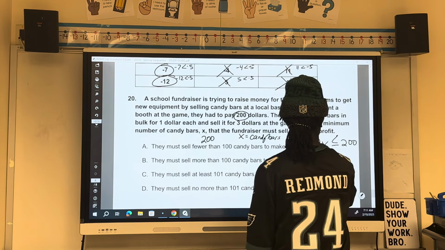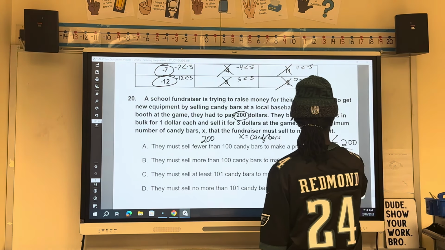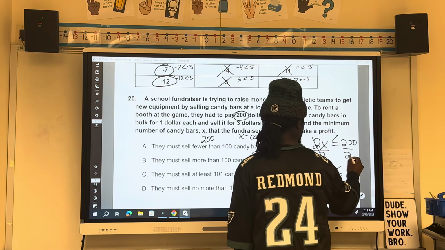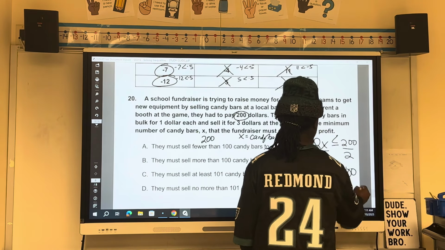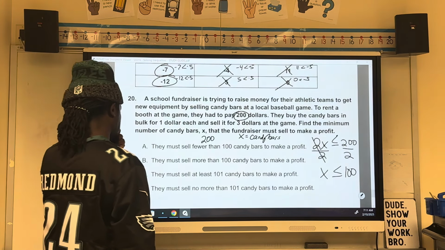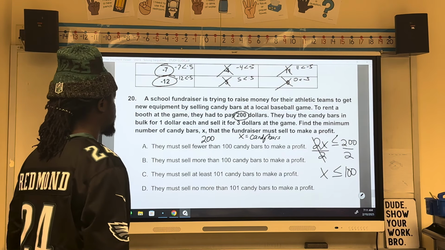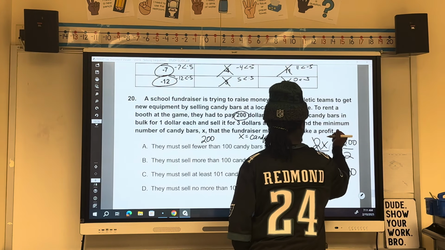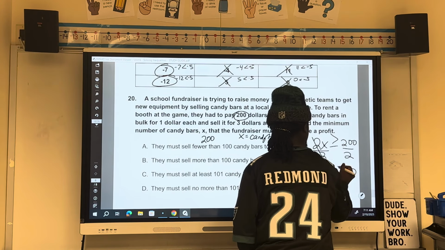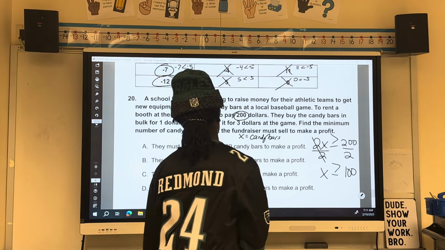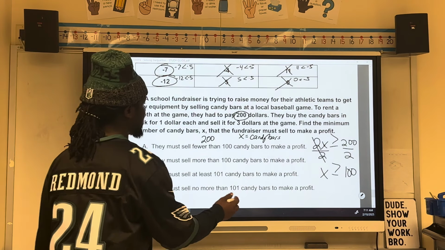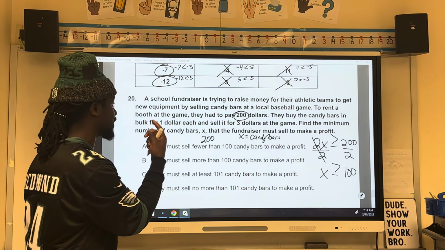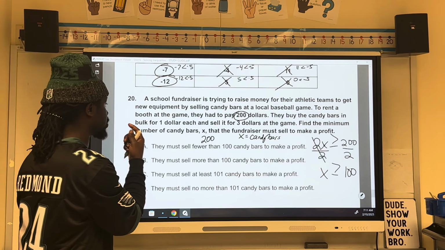So then we divide this by 2. We got x is greater than or equal to 100. Oh, I'm sorry, this should be greater than or equal to. So if they sell 100, they're going to get $200.